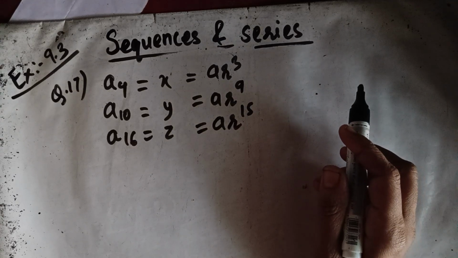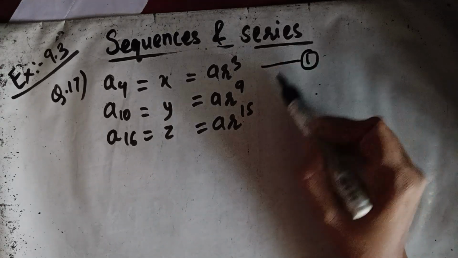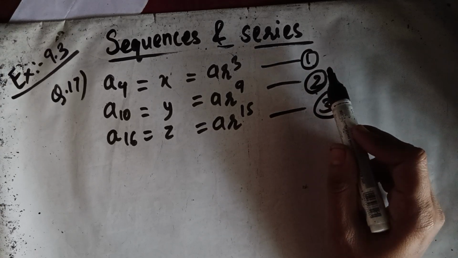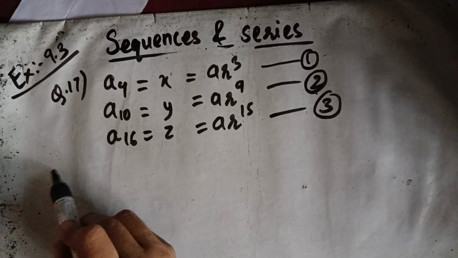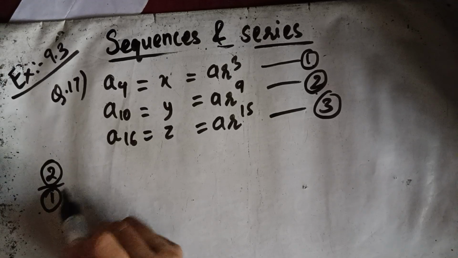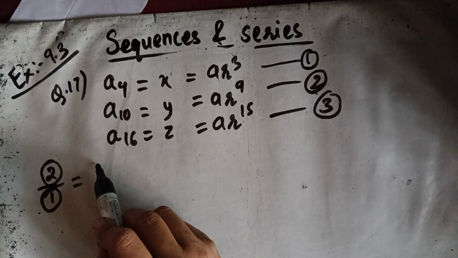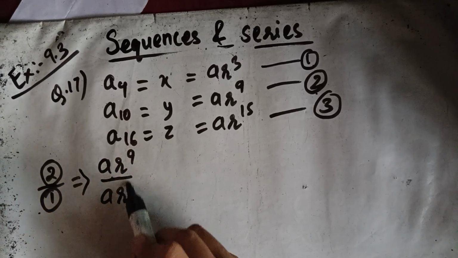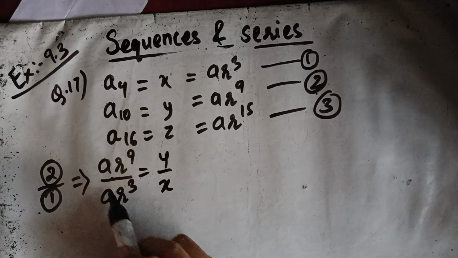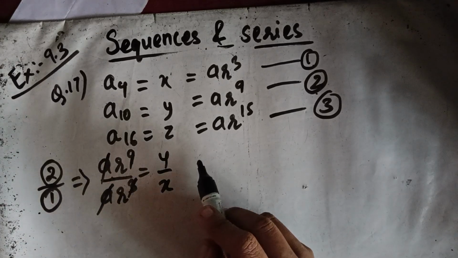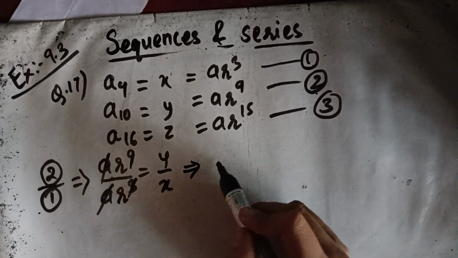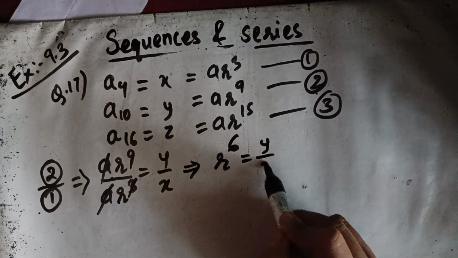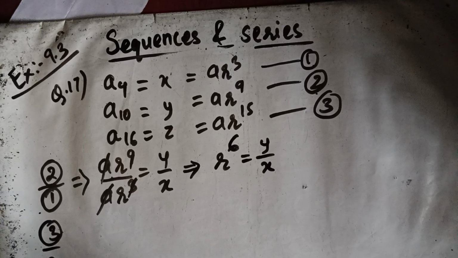So I'll divide the first equation, second equation, third equation. I'll divide 2 by 1 and 3 by 2. So this is r raised to 6, then 3 by 2 also.